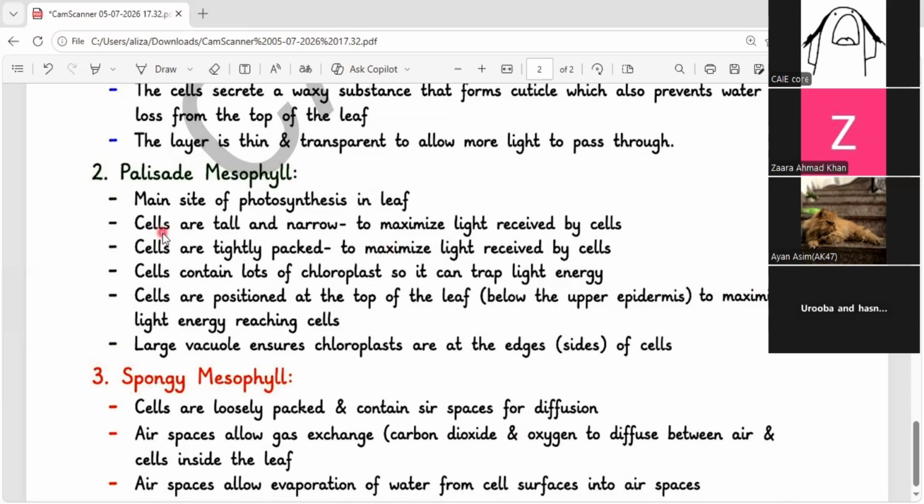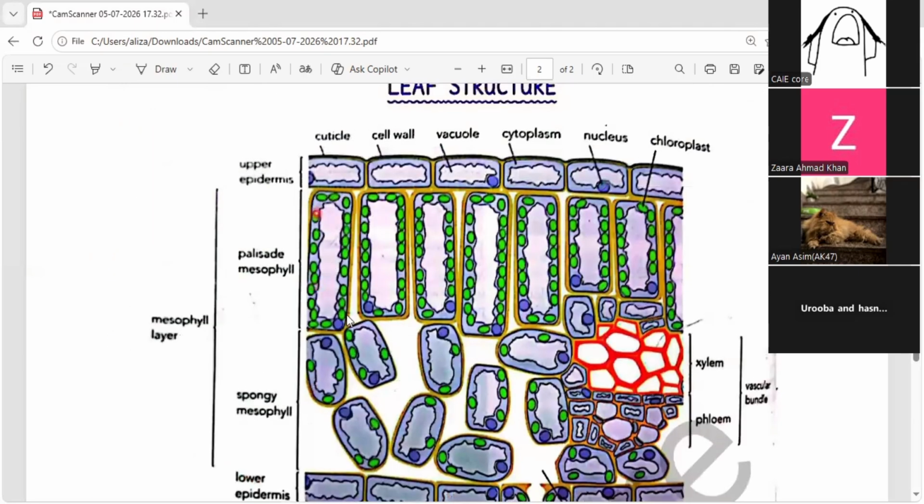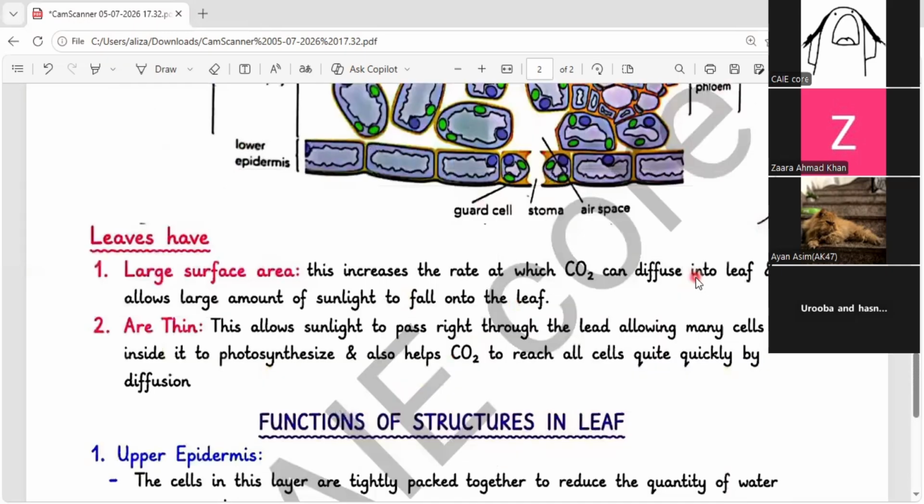So cells over here are tall and narrow. The reason is that they can maximize the light received by the cells. If they're tall and narrow, they can receive a lot of light. The next thing is that the cells are very tightly packed, so that once again they can receive maximum light.